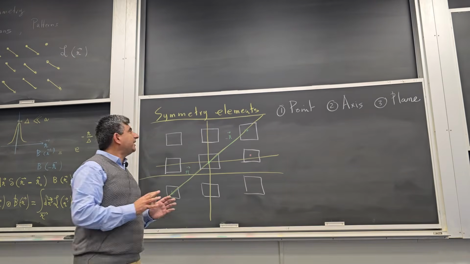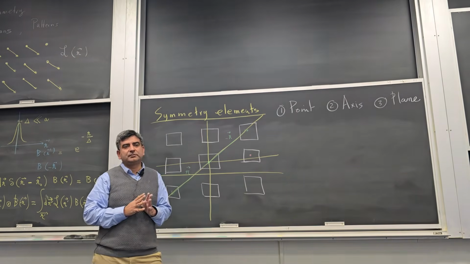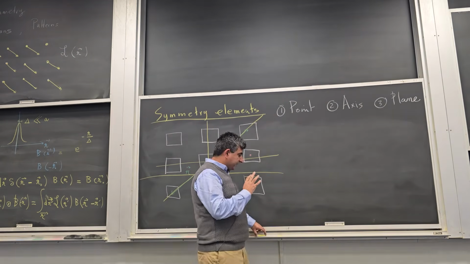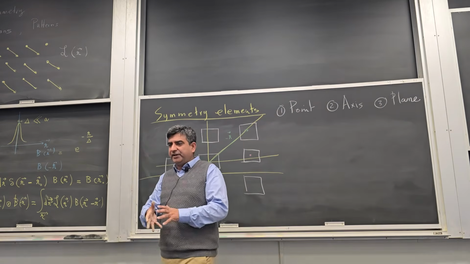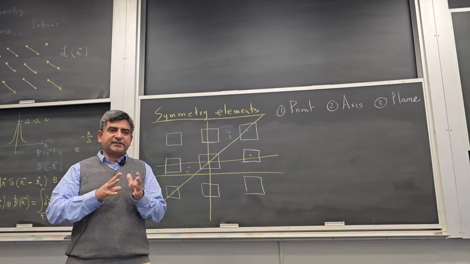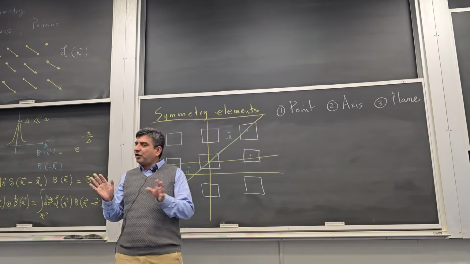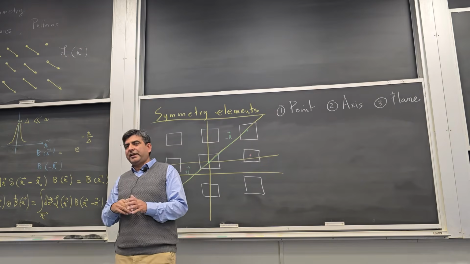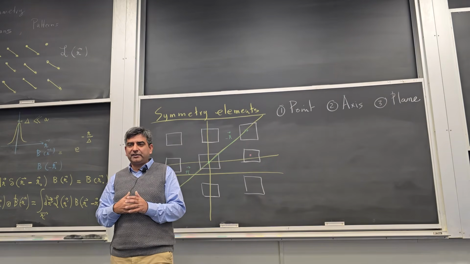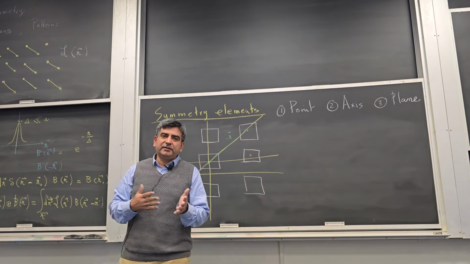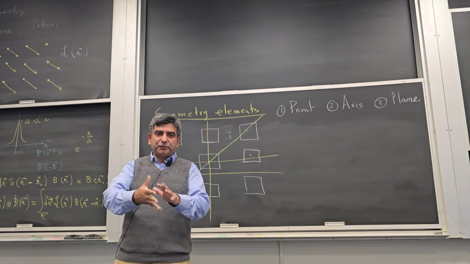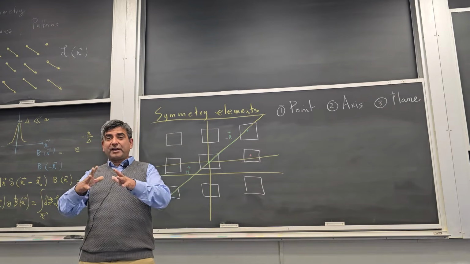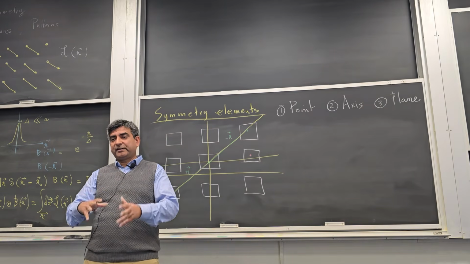Okay. So now let's quickly move on to three dimensions. Any questions? So this science, as I've mentioned, of identifying symmetry in crystalline atoms is the science of crystallography. Crystallography came into existence soon after X-ray diffraction was invented, in the early part of the 20th century, when X-rays were used to probe crystal structures, and we started looking at the internal arrangement of atoms inside crystals.